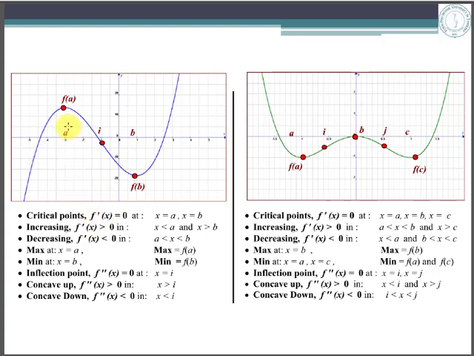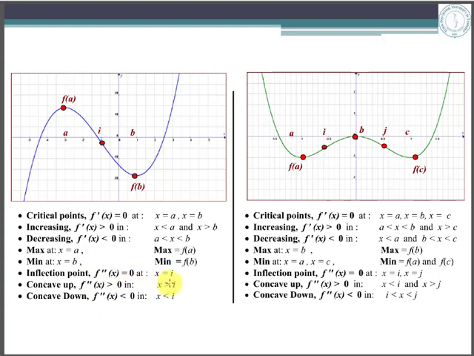This is increasing when the first derivative is greater than 0, so for x less than A and x greater than B. And it is decreasing when the first derivative is less than 0, or between A and B. So the maximum point is A and the minimum point is B, and the maximum of the function, the absolute maximum, is f of A, and the absolute minimum is f of B.